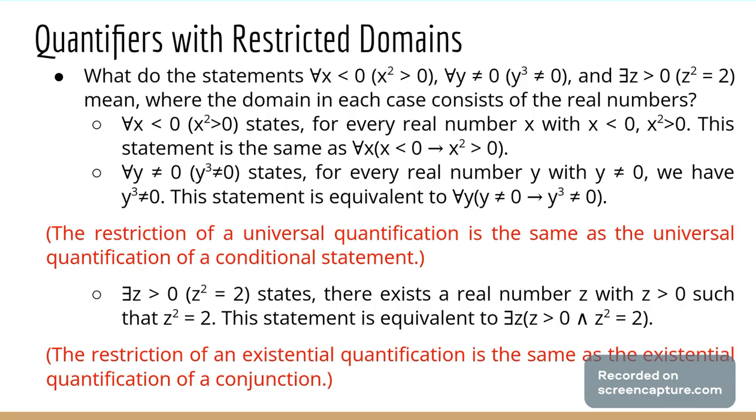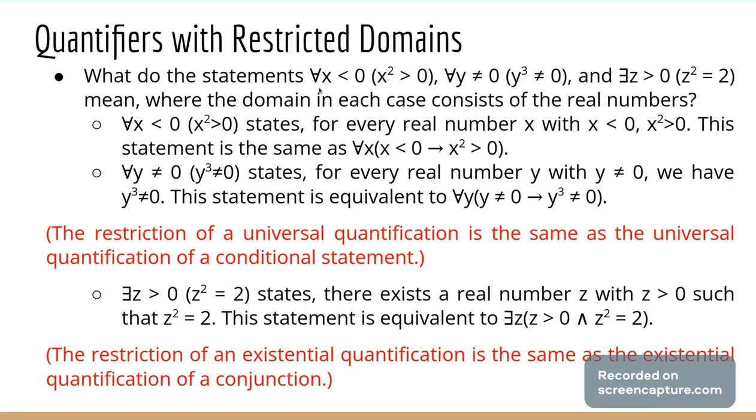Now we are going to look at restrictions. So far we have been looking at for all x, p of x. If we say x is of the domain real numbers, all real numbers are part of the predicate statement. Now we are going to restrict the domain. The first statement is for all x less than 0, x square is greater than 0.